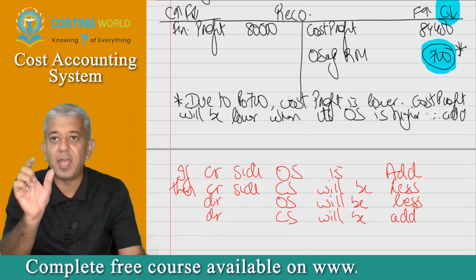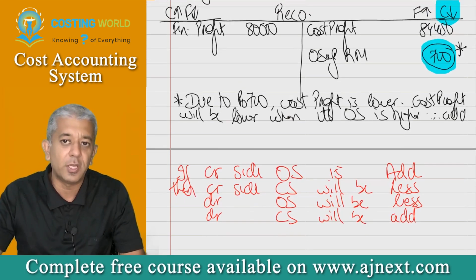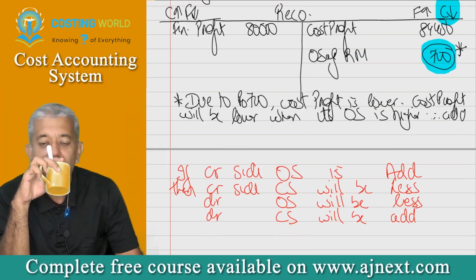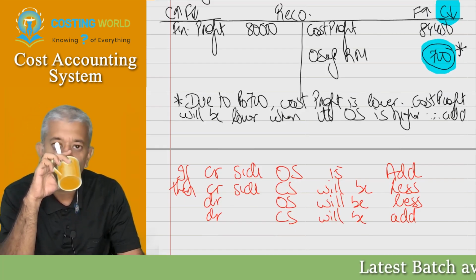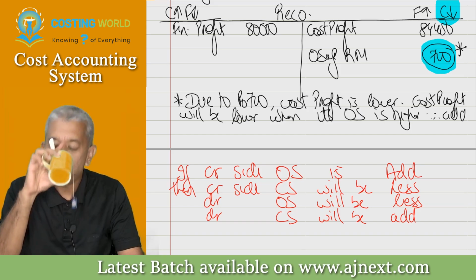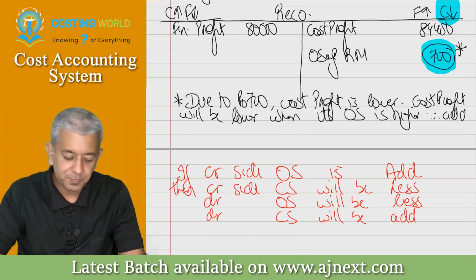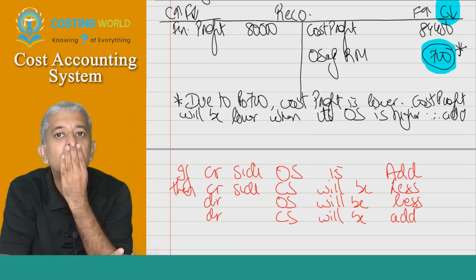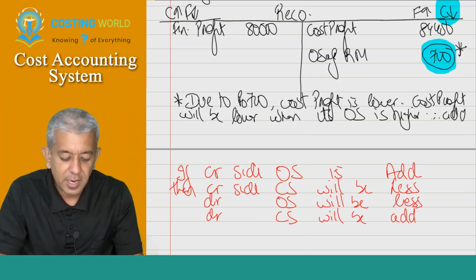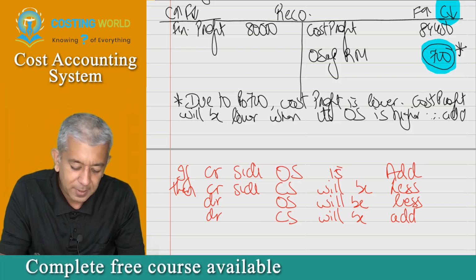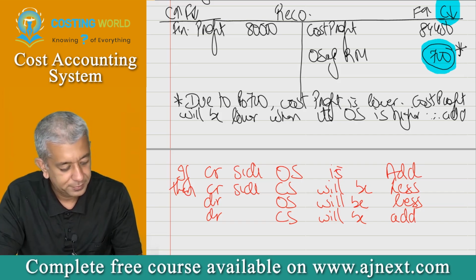Keep on seeing where the difference is coming in your textbook in the RICO account and keep on doing add or less and get the numbers.